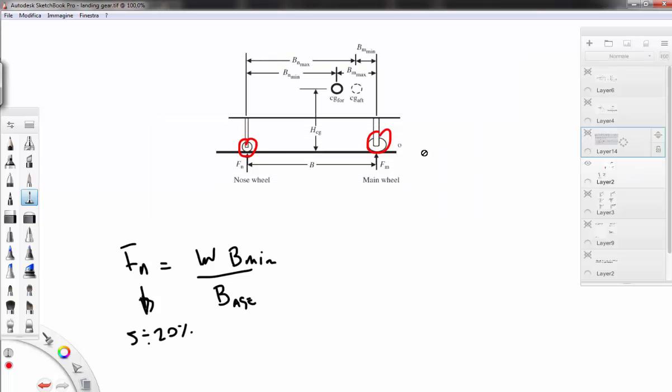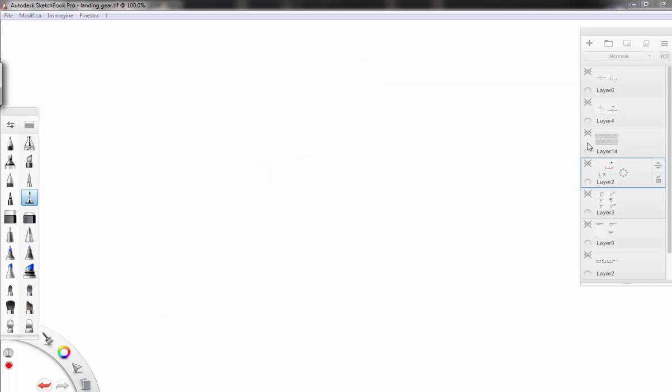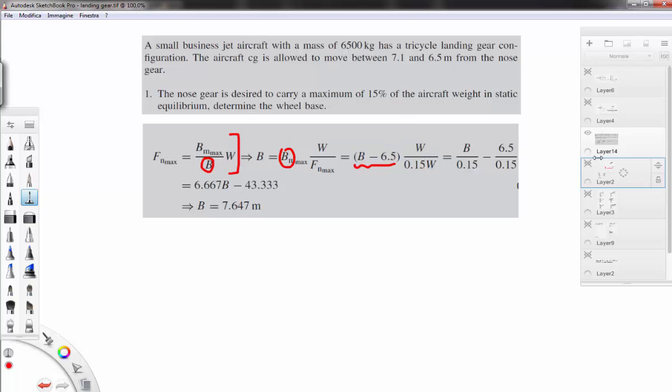B max is B minus the distance of the center of gravity, times the weight, and Fn max is 50% of the weight.